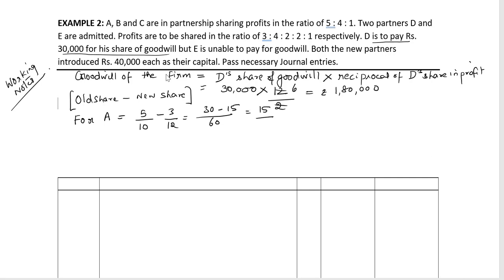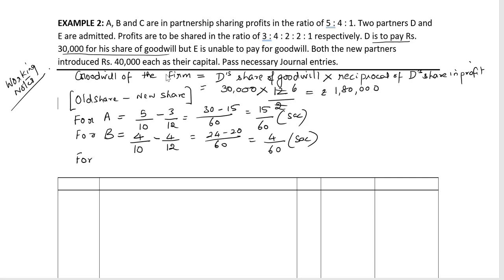Positive 15 divided by 60, A sacrifices. For B, 4 divided by 10 old share minus 4 divided by 12 new share. Positive 4 divided by 60, B also sacrifices.